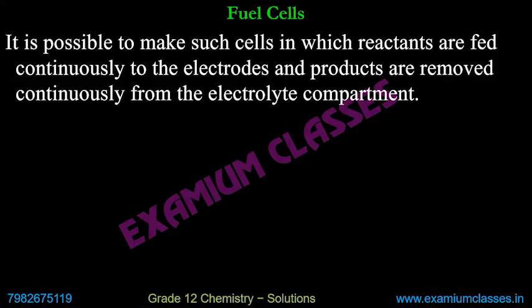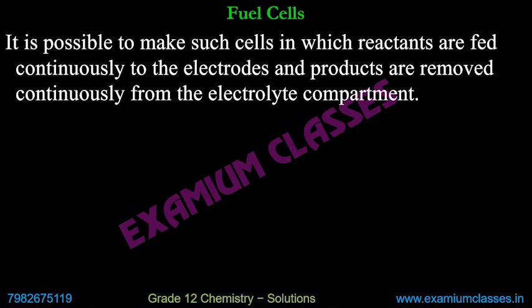Fuel cells. These are a special type of cells, and when we say fuel cells, it means we can provide the reagents needed to run the reaction. Now, what is the problem with other cells? Once the compounds are exhausted, for example in dry cell or in mercury cell, it is discharged. It cannot function again.